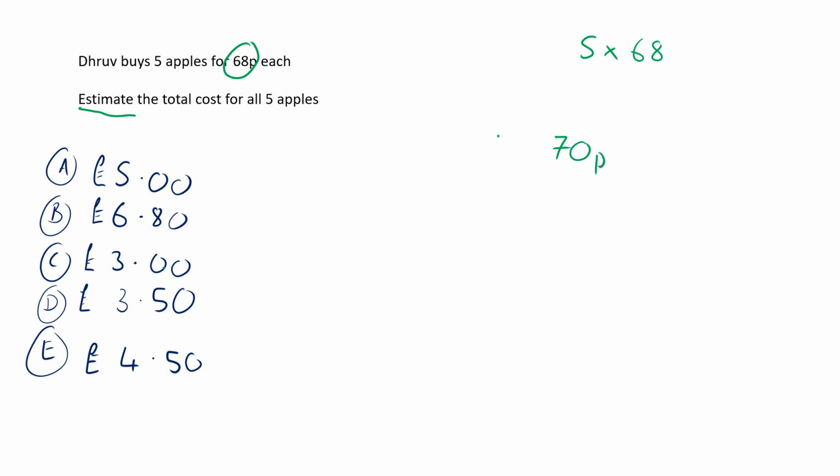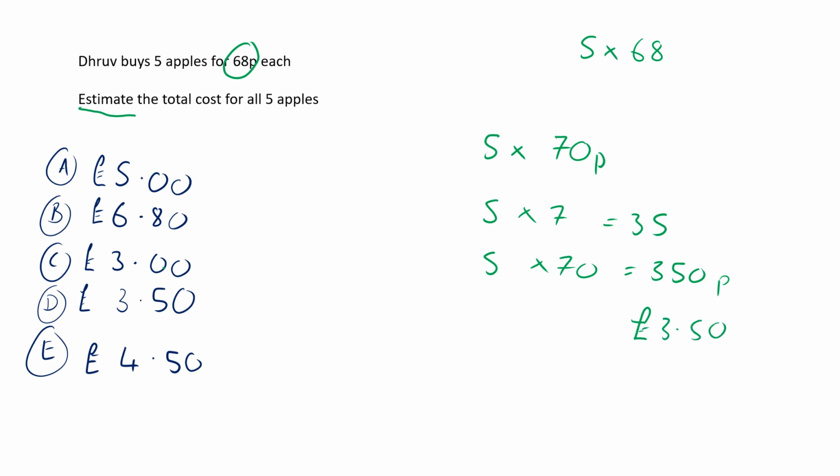So I'm going to do 5 times 70 pence. 5 times 7 is 35, so 5 multiplied by 70 is 350, and that would be in pence. 350 pence is £3.50. So my estimate is £3.50, and I'm going to select D as my answer for that one.